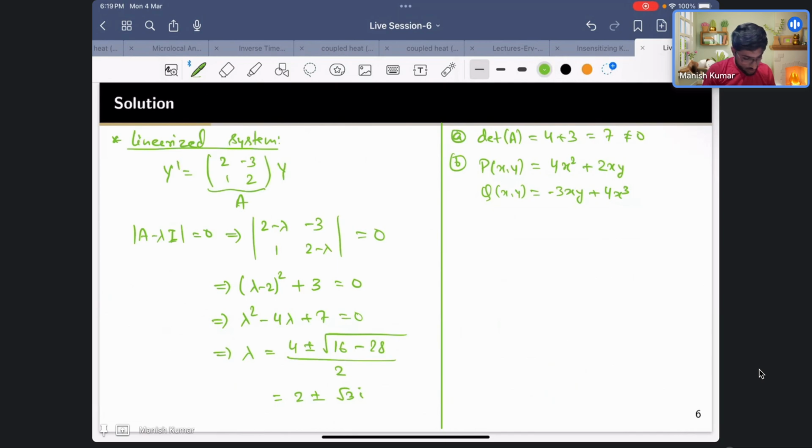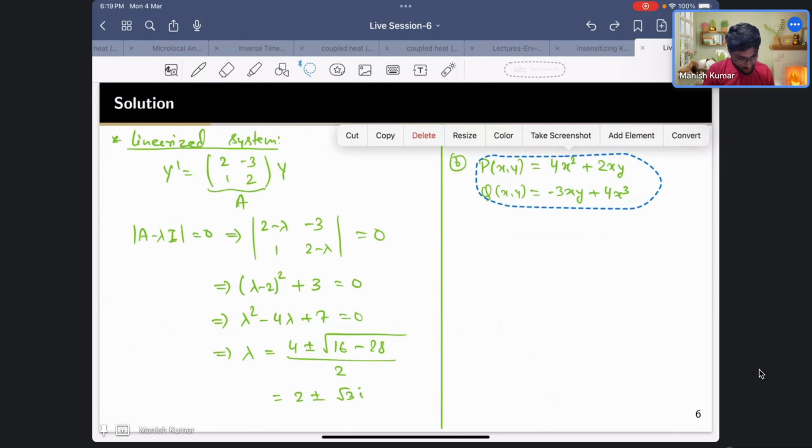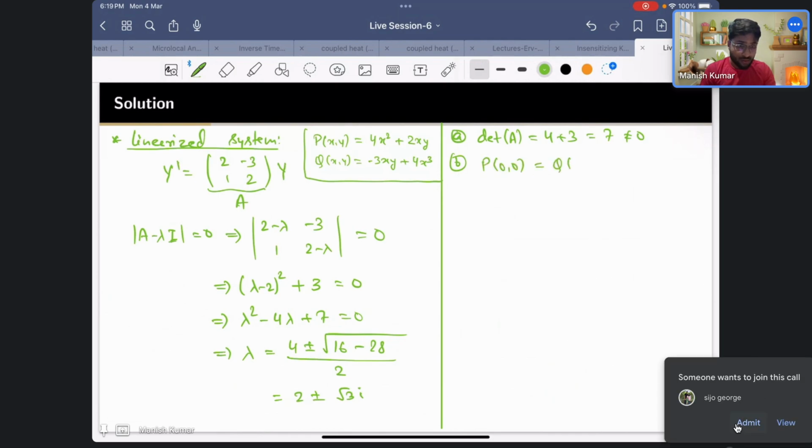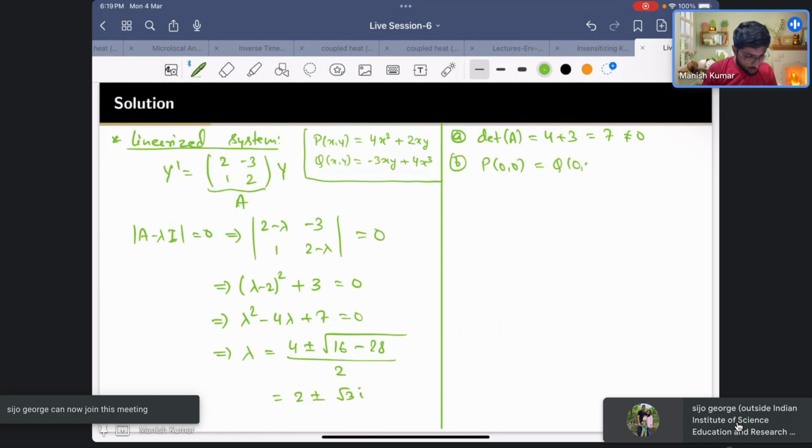So the first thing, it's clear that P(0,0) and Q(0,0) are 0, right? It's obvious from the expression.